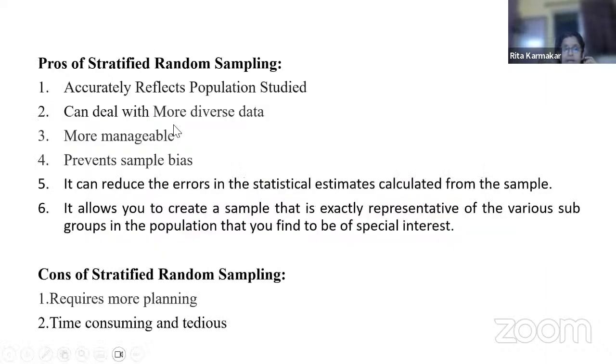Okay. So the basic pros and cons of stratified random sampling include this very specific disadvantage I told you for proportionate, and the specific advantage of proportionate.